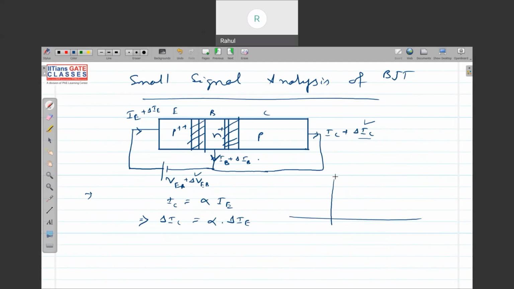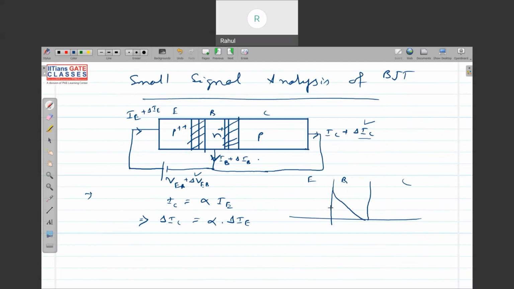So suppose this is my base junction. This is my emitter, this is my base, this is my collector. Since emitter to base is forward biased, we know there will be injection of holes from emitter to base. So this is my hole concentration like this. There will be injection of electrons from base to emitter.